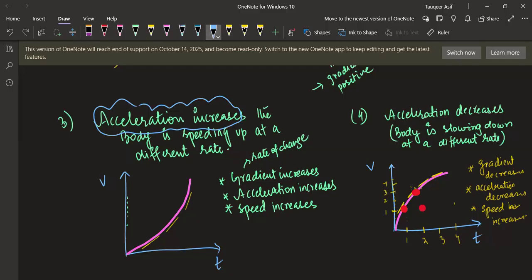If you are saying the speed is decreasing, don't you think the body has to reach this point? Yeah. But the graph is showing that the body is having more speed in each second, but the difference in the next speed is becoming lesser and lesser. Okay, clear?